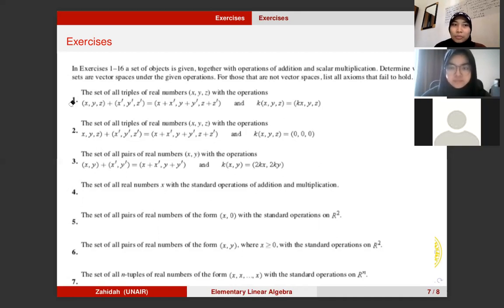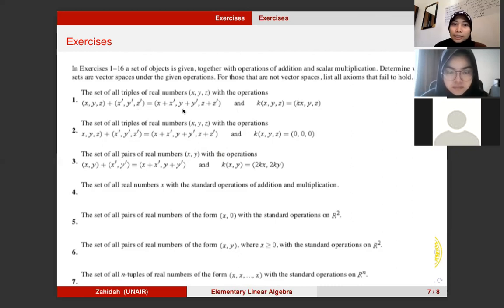For example, number 1: we have 3-space here, (x, y, z), with the standard addition, (x plus x prime, y plus y prime, z plus z prime).